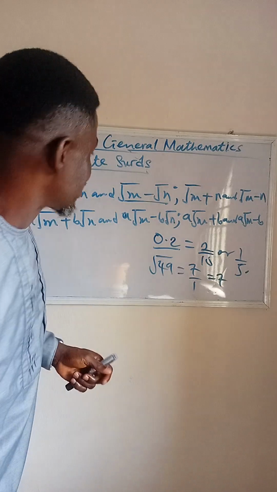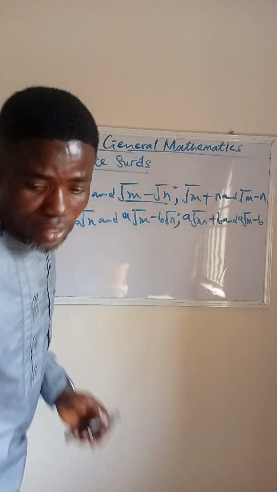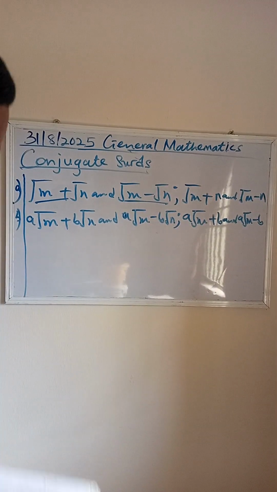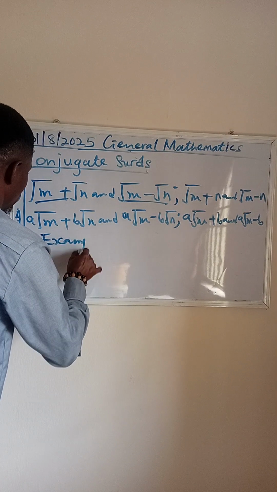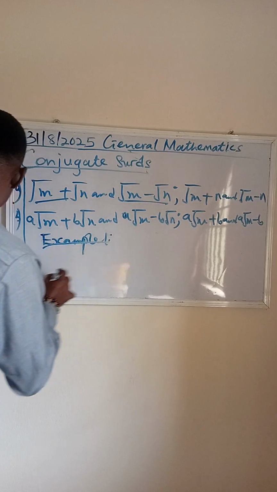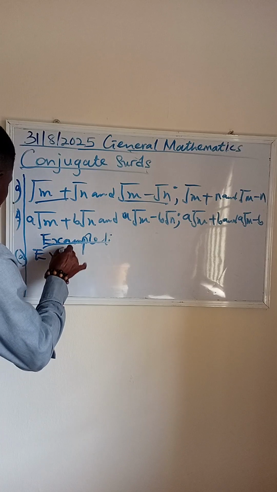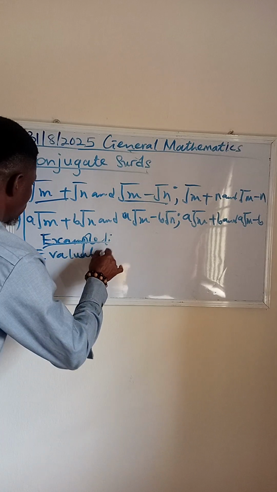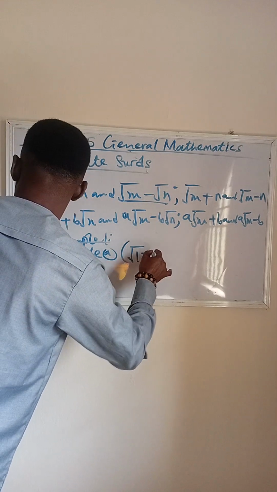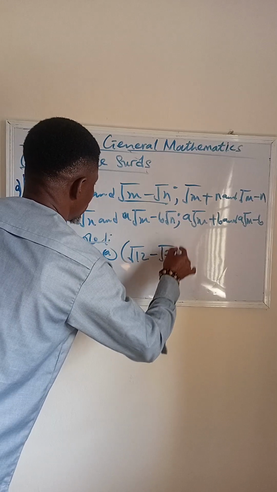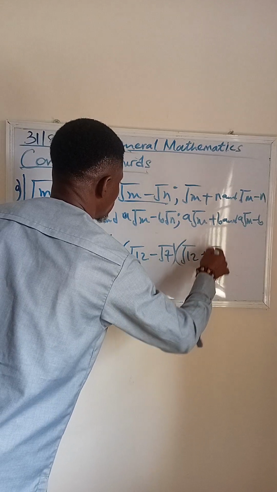Now let's take this as example 1. Example 1, we have: evaluate, bracket root 12 minus root 7, bracket root 12 plus root 7.